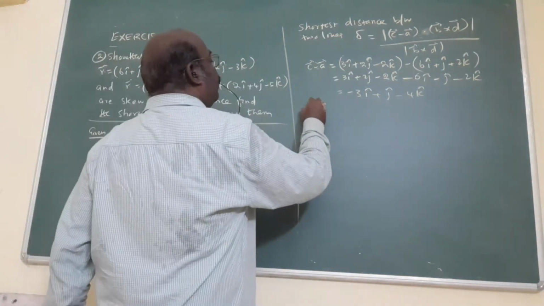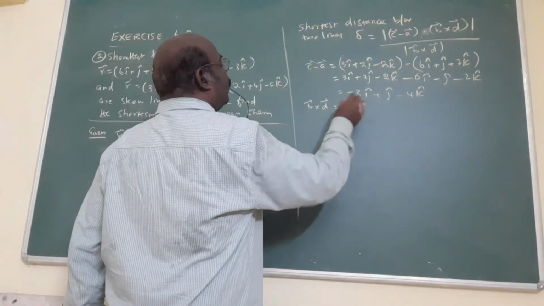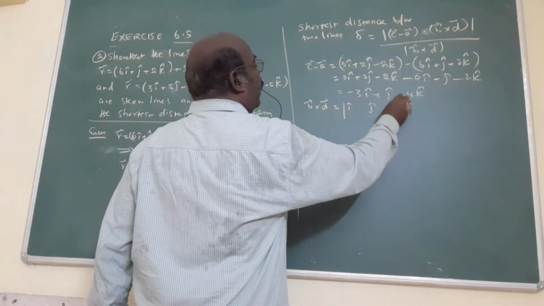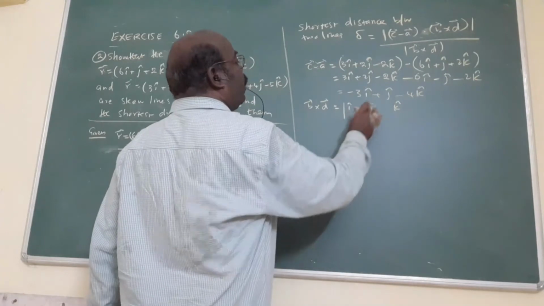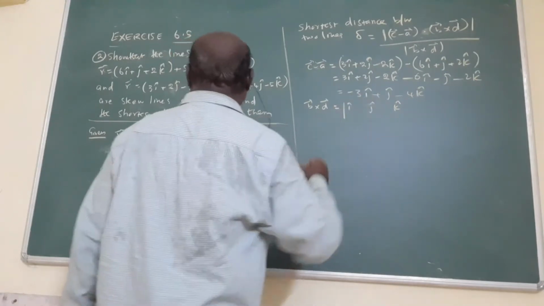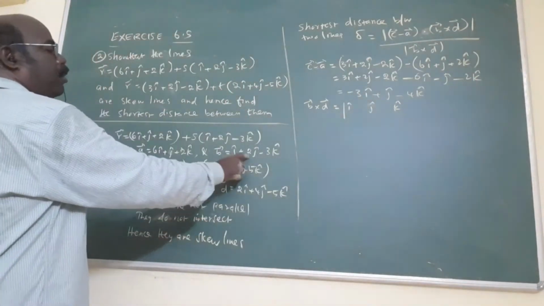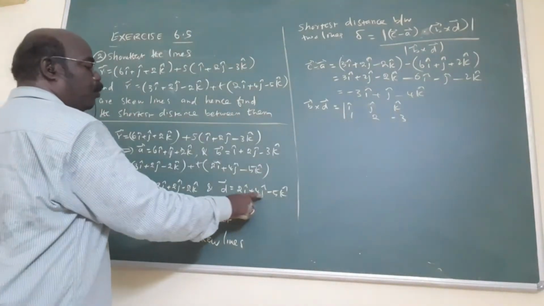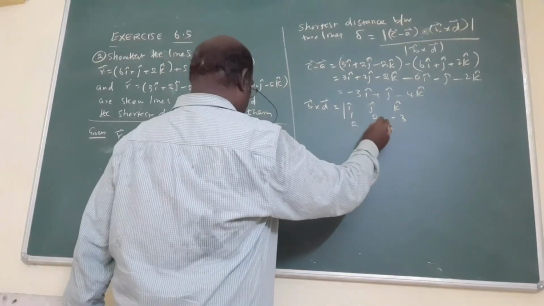B cross D means what? I cap, J cap, K cap, then the coefficients of B vector, which is 1, 2, minus 3, and D vector, which is 2, 4, minus 5.